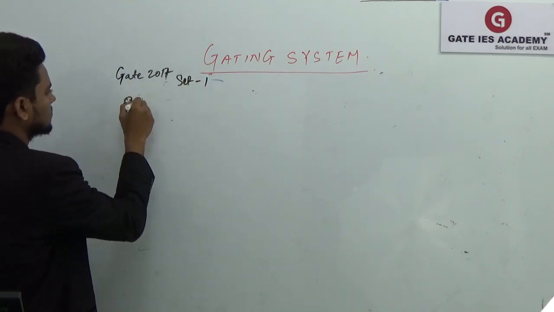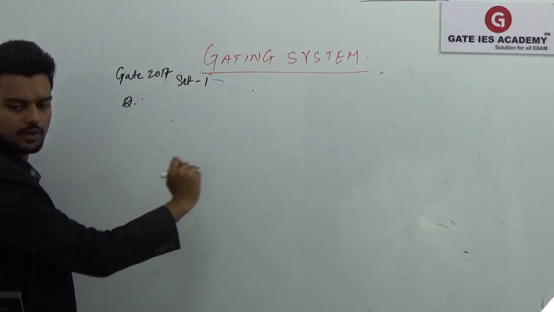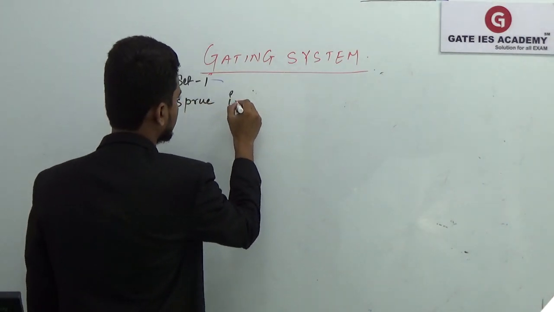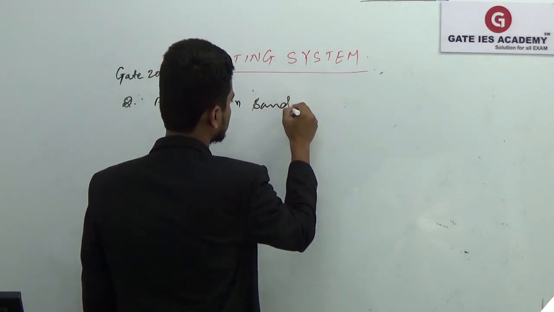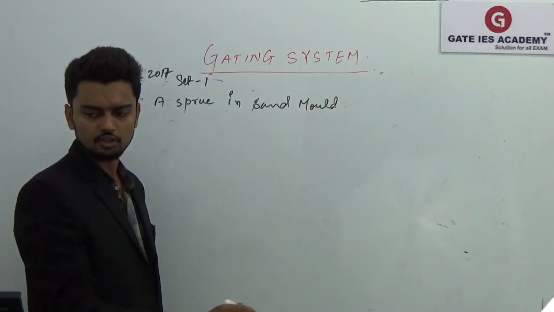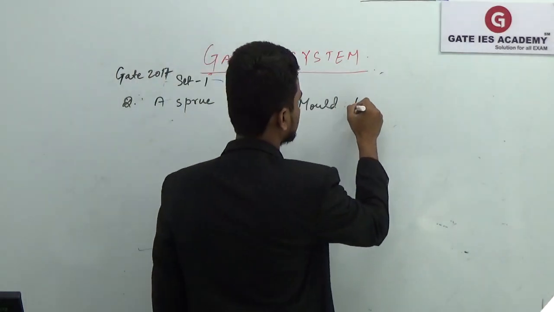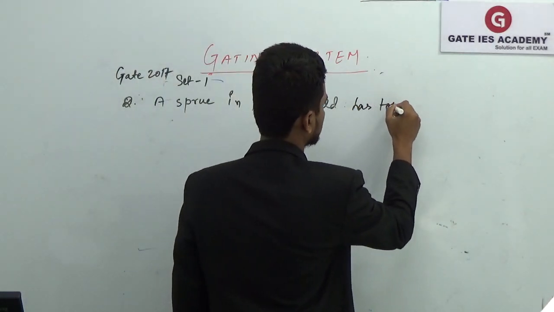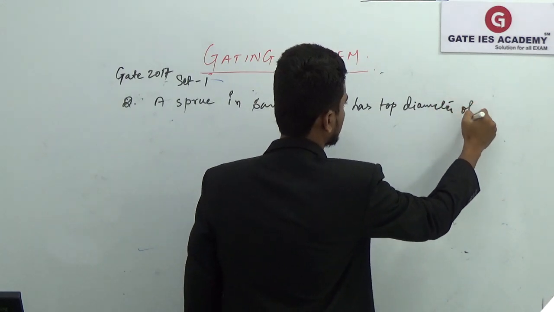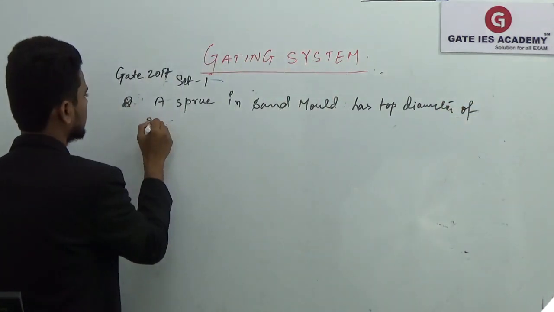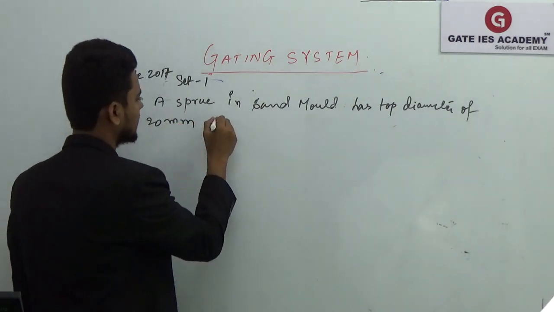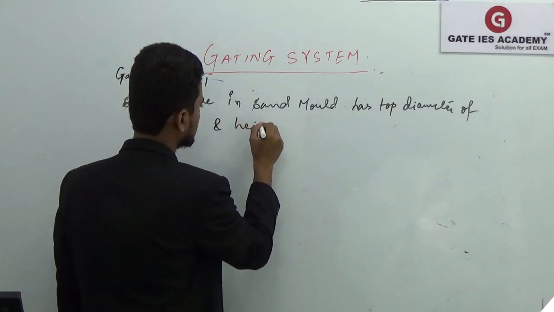The question is: a sprue in a sand mold has a top diameter of 20 mm and a height of 200 mm.